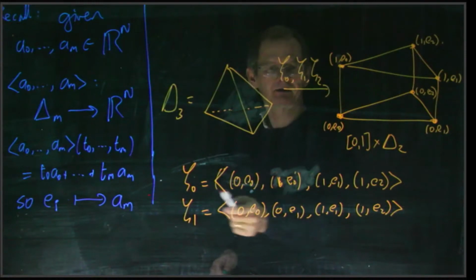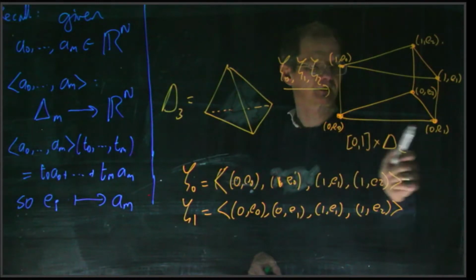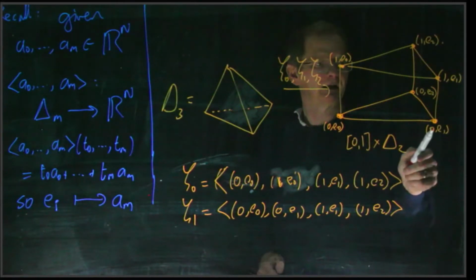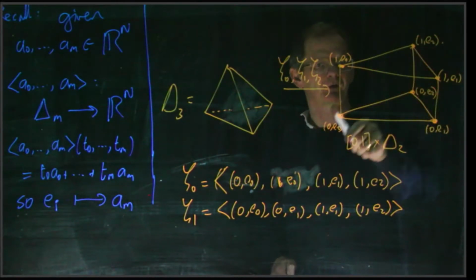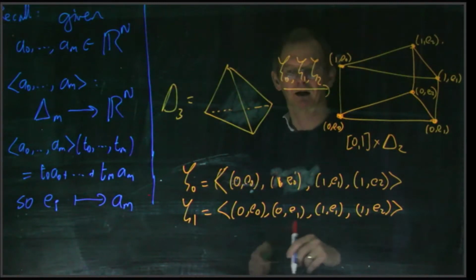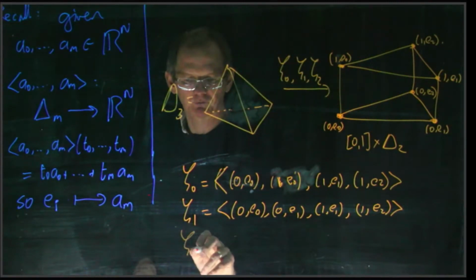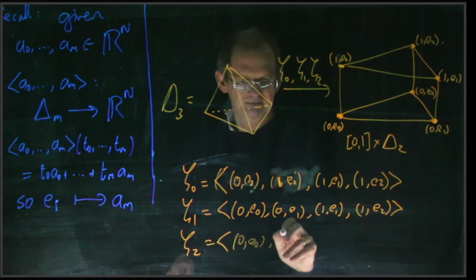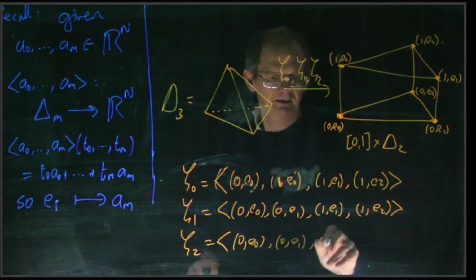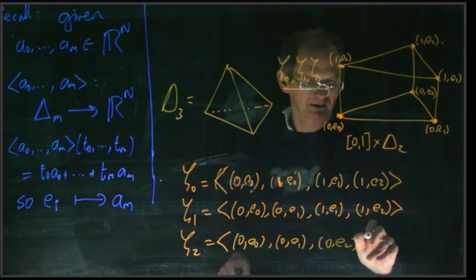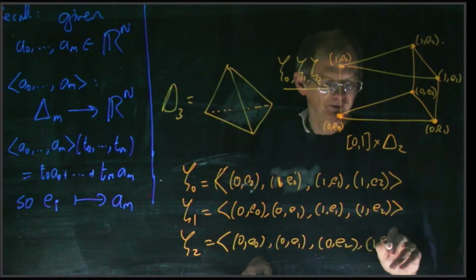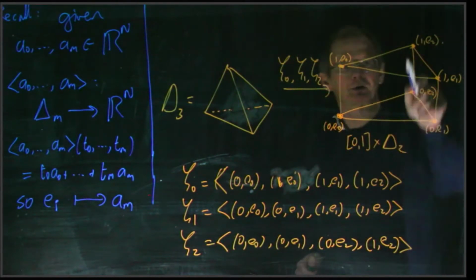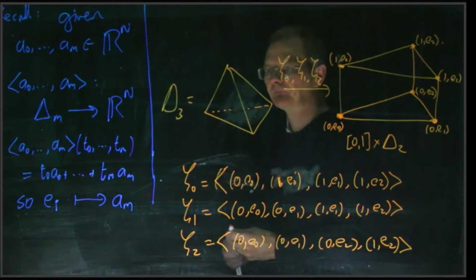For ζ1, we've got our 4 vertices: 0e0, 0e1, and then 1e1 and 1e2. So e1 occurs twice, once on the bottom, once on the top, and the other ones occur only once. And similarly your ζ2, same kind of thing: 0e0, 0e1, 0e2, and in this case it's the e2 that occurs twice. So here we've got 3 vertices on the bottom and just 1 vertex on the top.